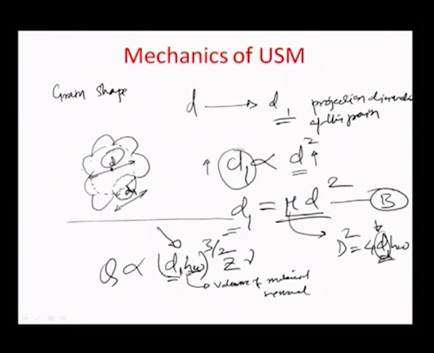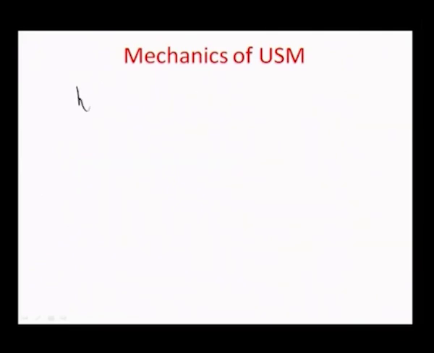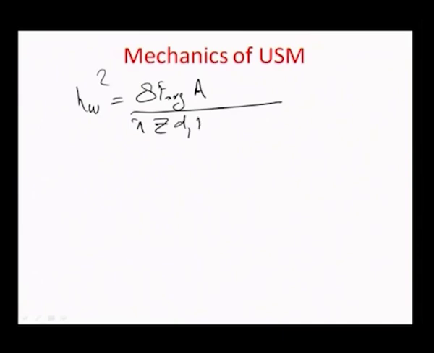So if you put this expression d1 into this particular expression here, you get hw, as I already told you, for a hammering grain case, which can be correlated by this relationship: 8 f average times amplitude A divided by pi z d1 hw 1 plus lambda.